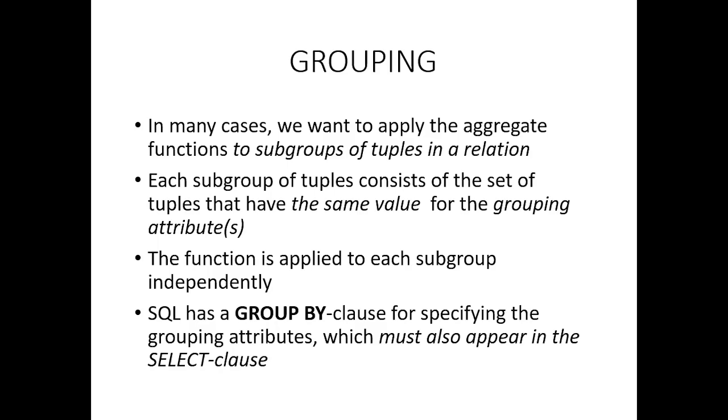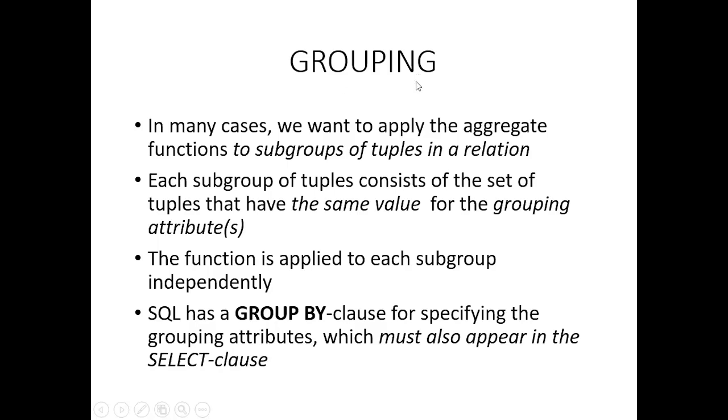So in these cases, we need to partition the relation into non-overlapping subsets or groups of tuples. Each group will consist of the tuples that have the same value of some attributes called the grouping attributes.